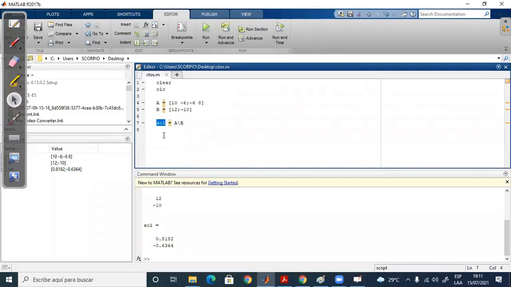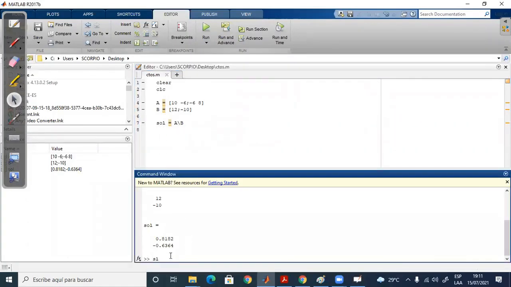Look here, I said that as a solution I put sol. So if I put sol in position 1, you could call it whatever you want, it gives me the value of 0.81, and sol in position 2 gives the second, which is minus 0.63.